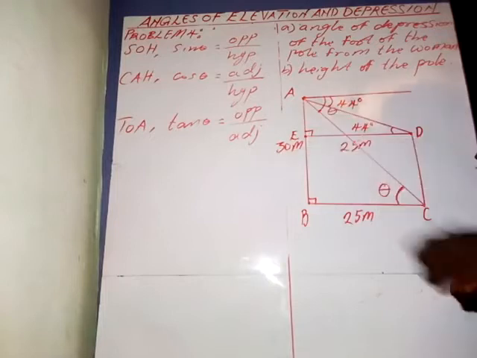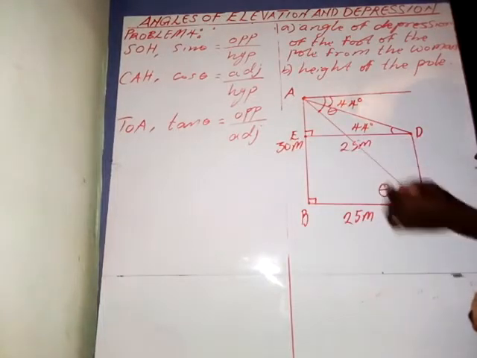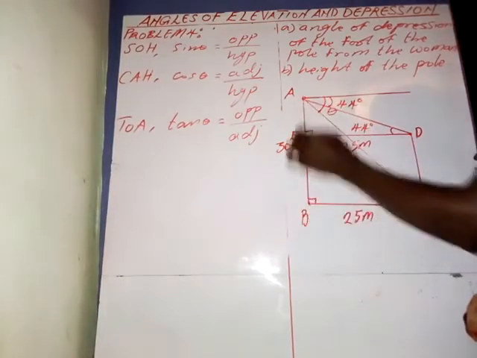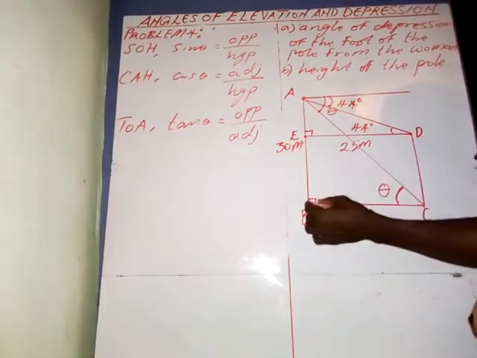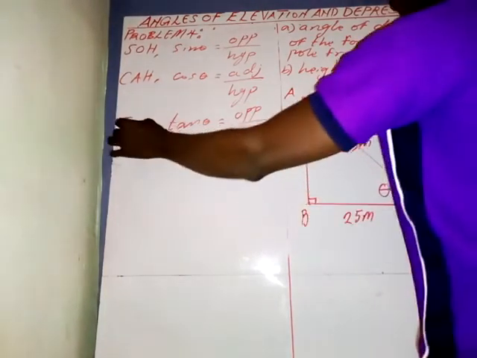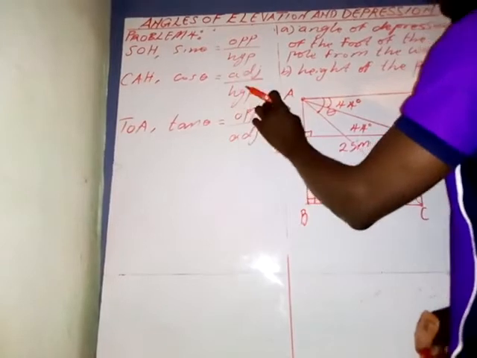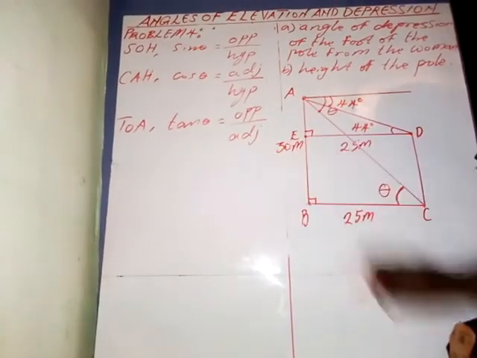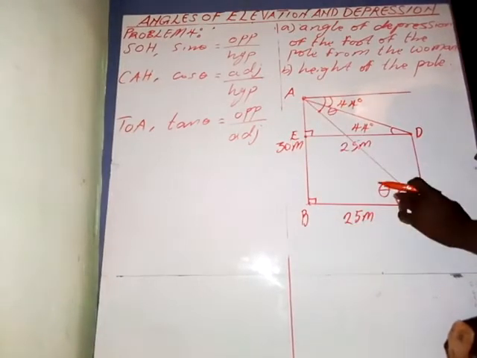Looking at what we have here, I want to find the value of this angle. We have the opposite, which is 30 meters, and we have the adjacent to this angle. So we can make use of TOA, because here we have opposite over adjacent. We want to determine this angle theta.